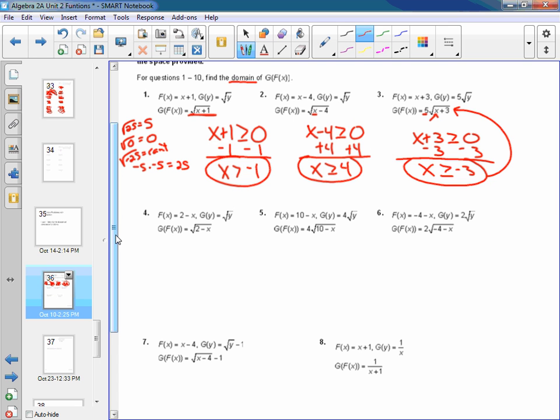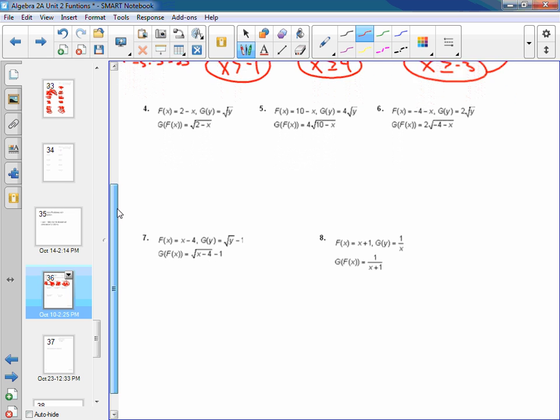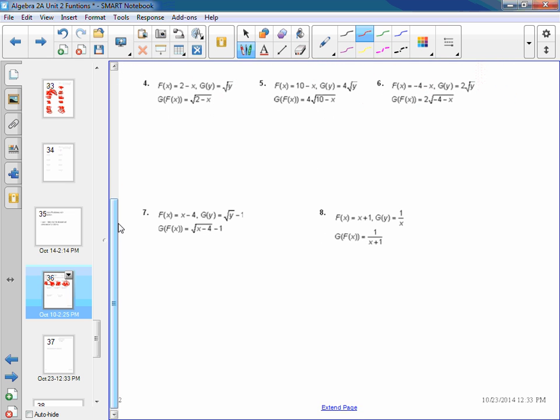All right, so when you get to problems 4 through 6, you can see that they're all just numbers underneath the square root. Here, x is underneath the square root. Here are the variables underneath the square root. Here, the variables underneath the square root. We don't have to worry about the 2 here or the 4 here on number 5. But the problem with these, which is why I went over this, again, is that value underneath there has to be greater than or equal to 0.